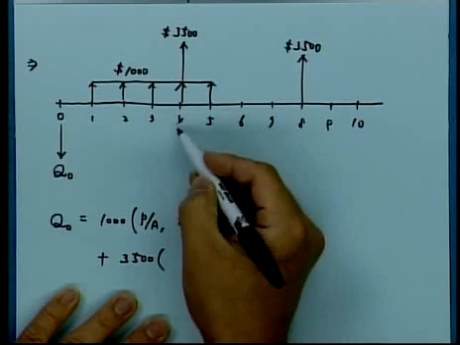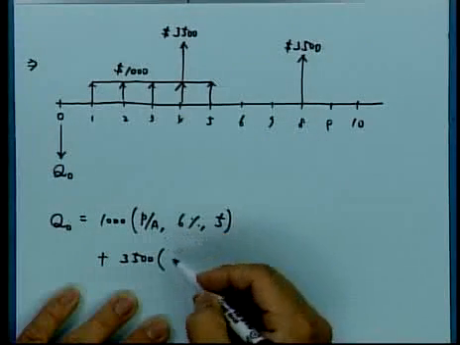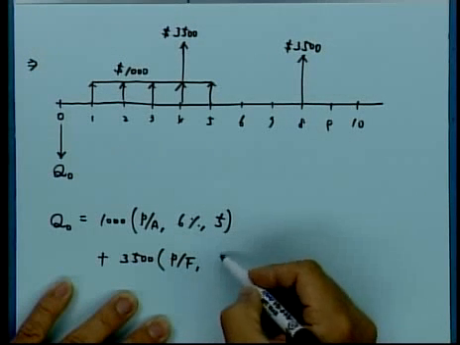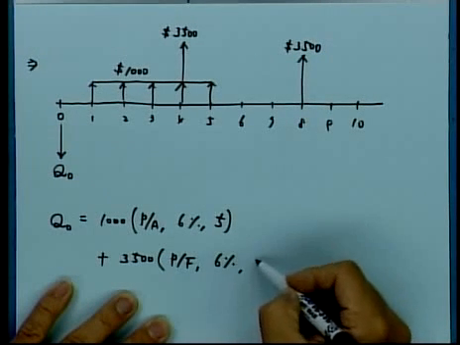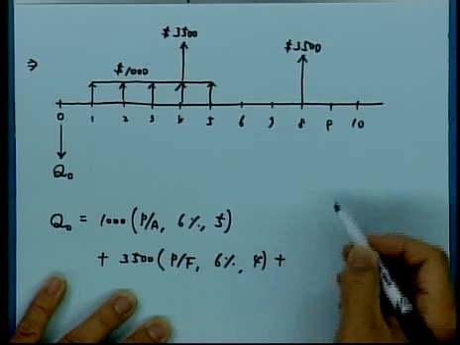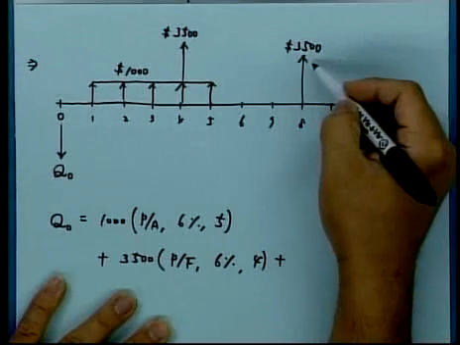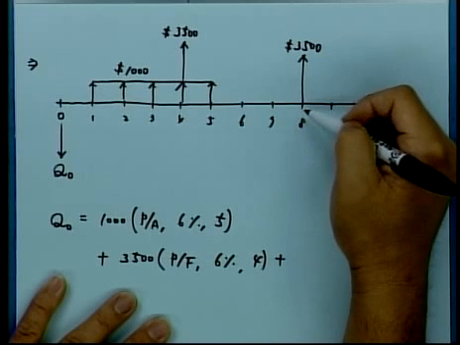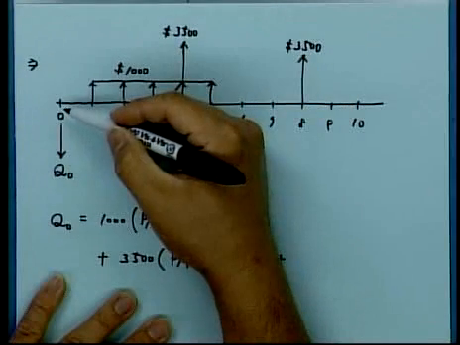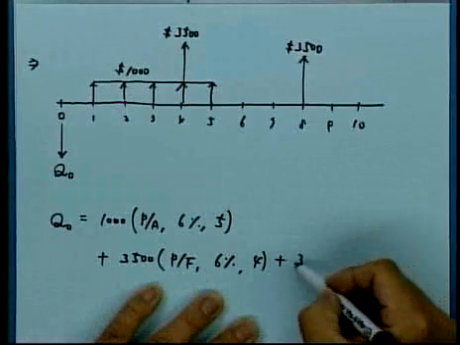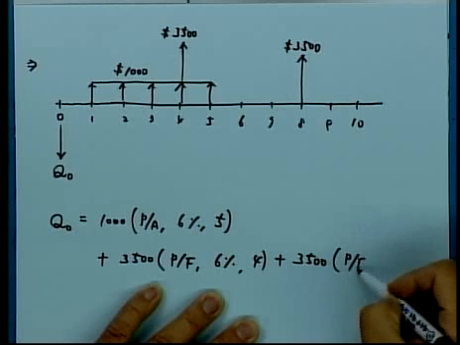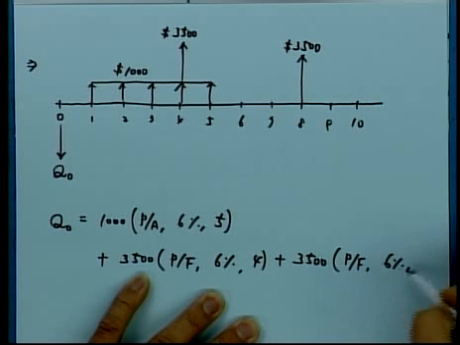So you need to convert it to the equivalent present sum. So you need to multiply by P given F, 6% over 4 periods, and another $3,500 at the end of the 8th period. So again, you need to convert it to the equivalent present sum. So $3,500 times P given F, 6% over 8 periods, right?